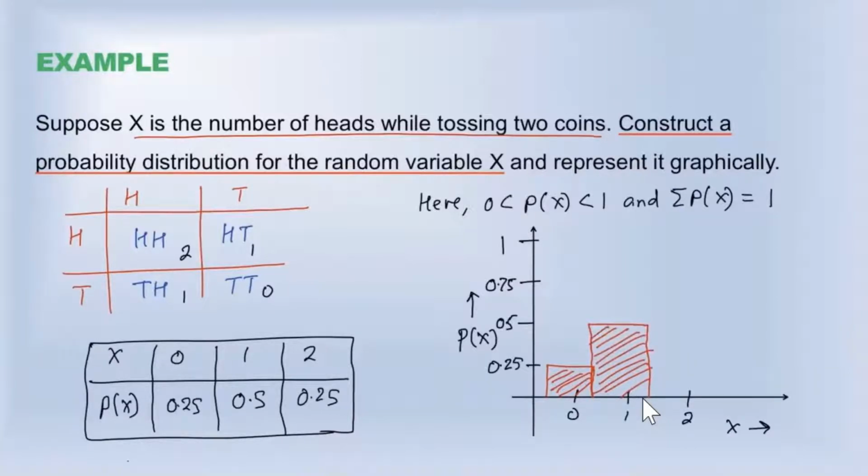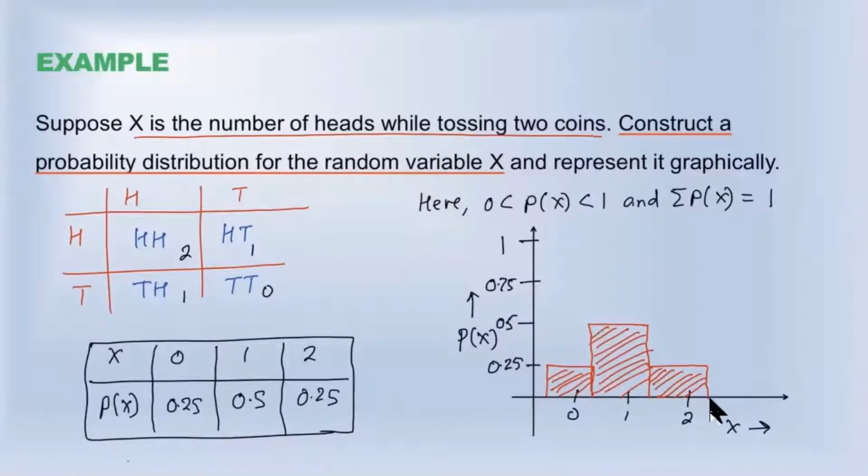Then we have the random variable x equal to 2. The probability is 0.25. So we go to this height and we construct it like this. So this is the probability distribution for the number of heads while tossing 2 coins.